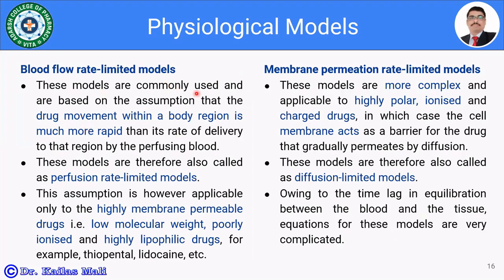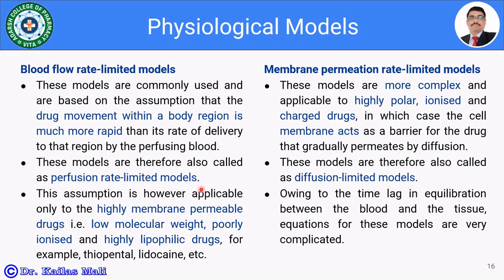These models are commonly used and are based on the assumption that drug movement within the body region is much more rapid than its rate of delivery to the region by perfusing blood. So here the things depend on the perfusion, and these models are therefore called perfusion rate limited models.